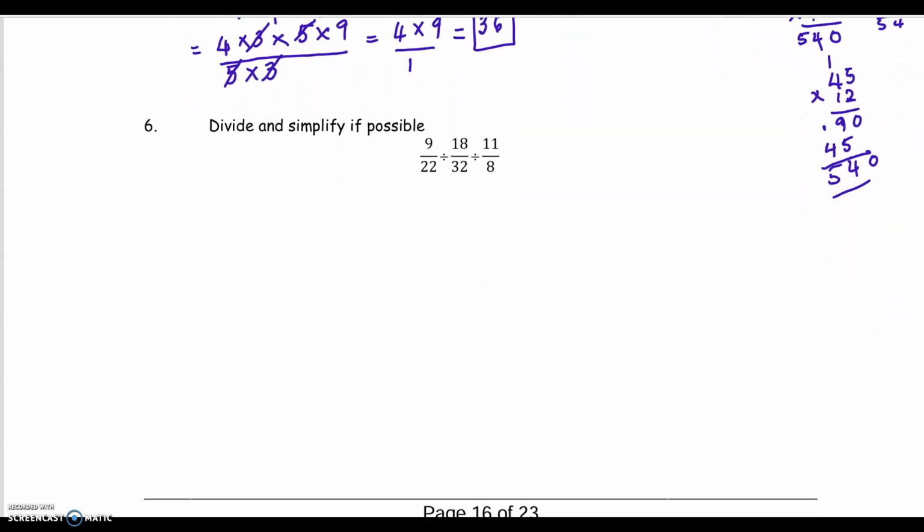So now let's see what happens with 9 over 22 divided by 18 over 32 divided by 11 over 8.